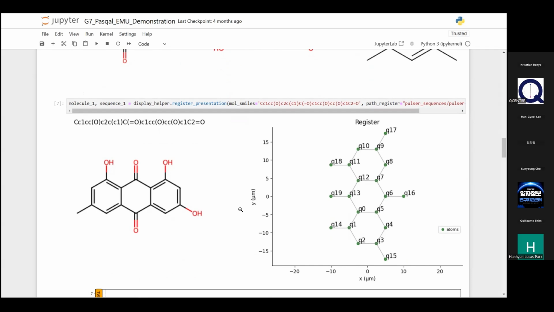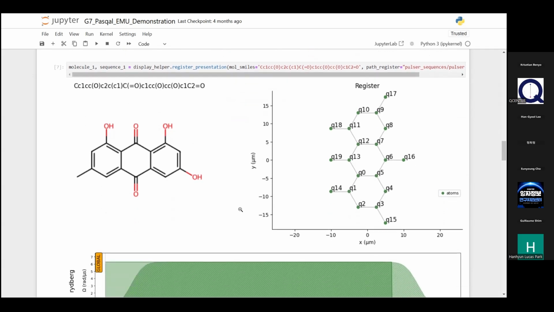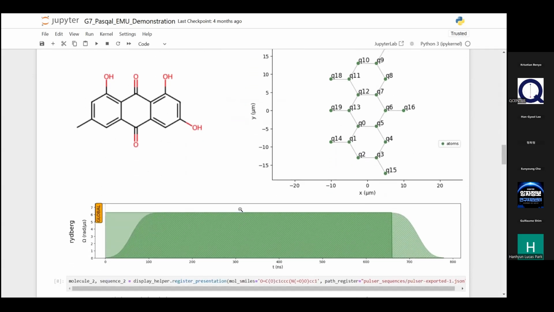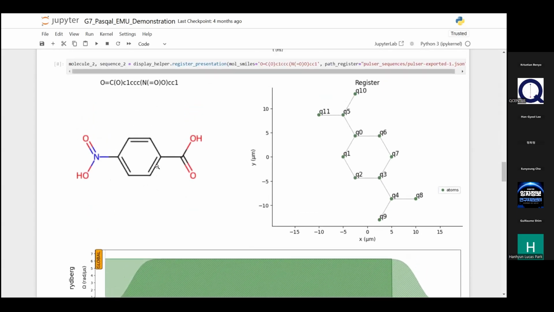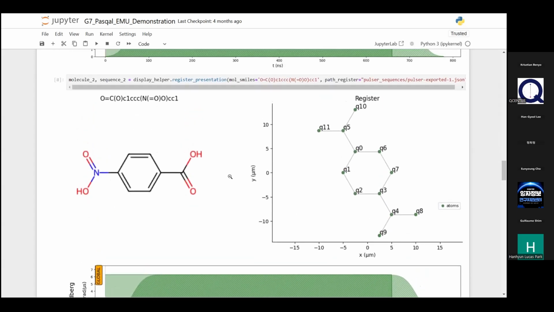That's why we are considering only smaller molecules, and we are exposing them to a specific sequence. In this case, it's a single laser pulse that is used for a simplified interaction, and we repeat the same experiment for all the other selected molecules.